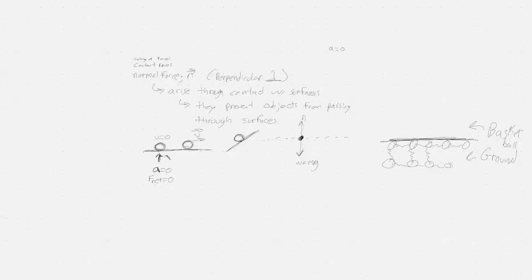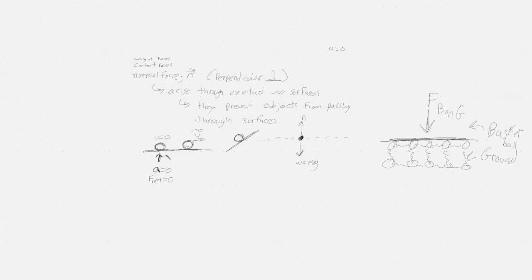With the basketball up here, the basketball will be exerting a downward force, F ball on ground, that's pushing down on the atoms in the ground. That would therefore compress these springs.